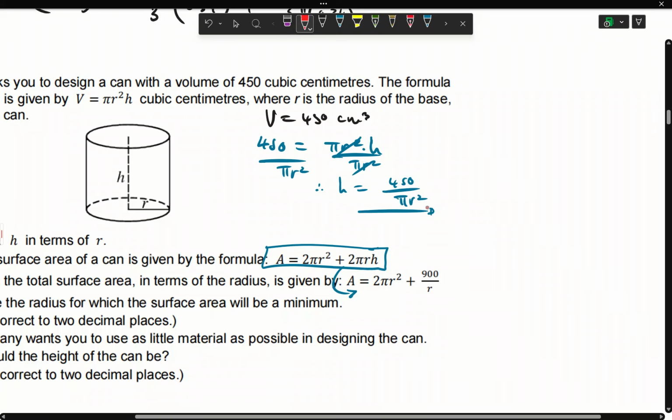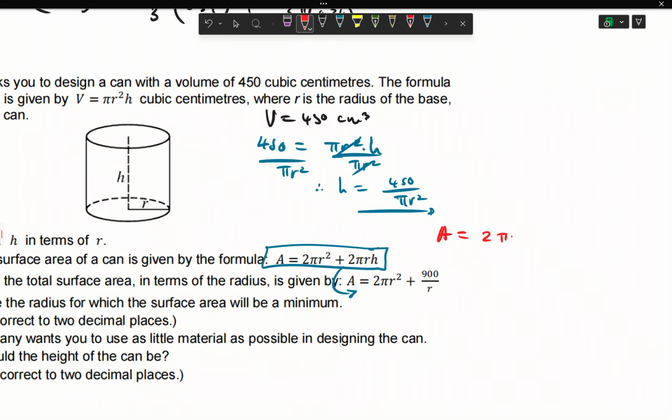Since we're given the surface area formula, the surface area is 2 pi r squared plus 2 pi r multiplied by h. Remember that you have an expression for h here. So let's make the substitution. So this is 2 pi r squared plus 2 pi r, where h is 450 all over pi r squared.